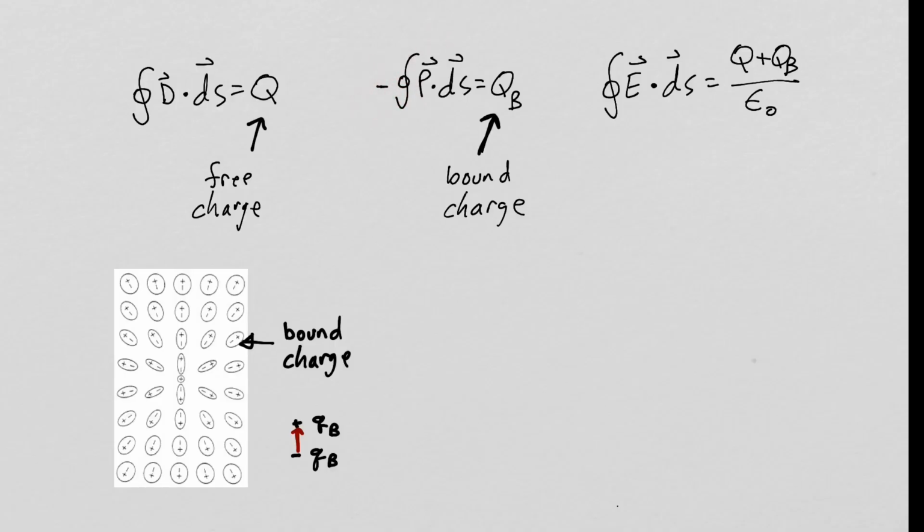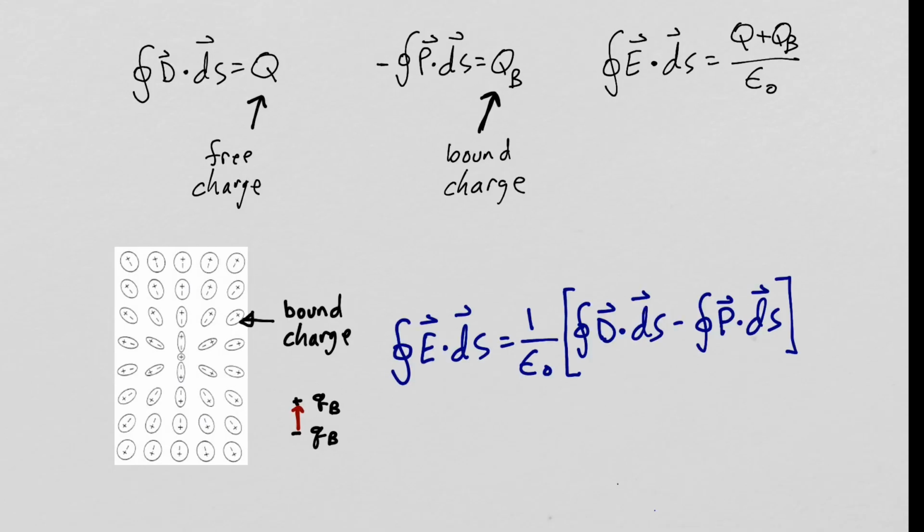So in this equation, let's substitute for Q this expression and for Q sub B this expression. So looking at this equation now, we see that the electric field intensity is equal to the electric flux density field minus the polarization over the permittivity of free space.